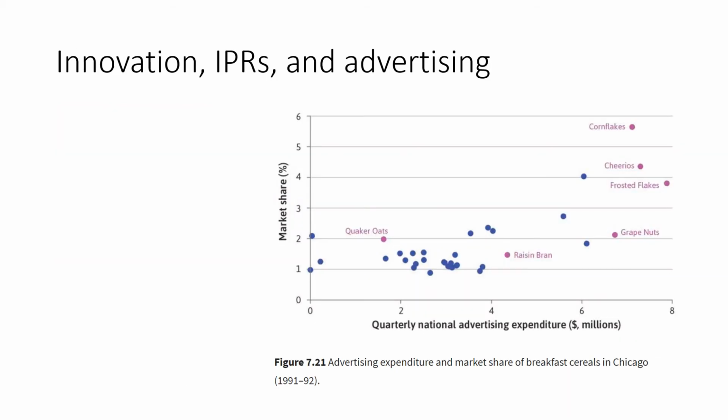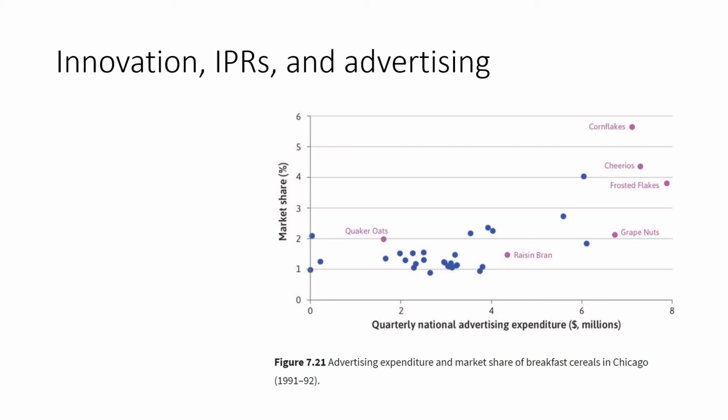So, what about innovation, IPRs, and advertising? In the figure on the right hand side, you're seeing quarterly national advertising expenditures in millions of US dollars on the x-axis and the market share in terms of percentage on the y-axis.